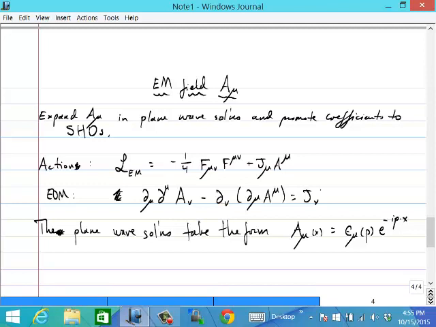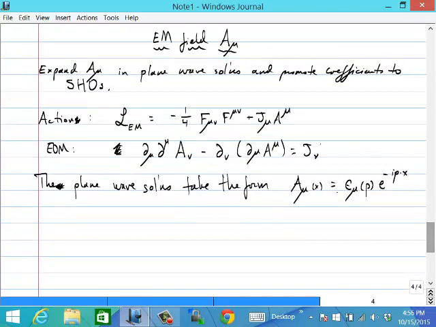So again, we're studying here a solution describing a propagating plane wave with momentum p. And epsilon mu of p here is a 4-vector which describes the polarization of the electromagnetic field.